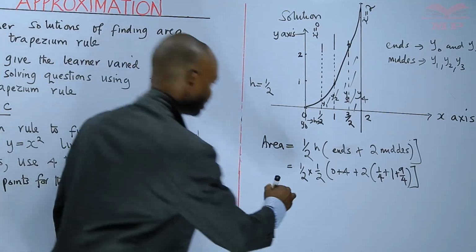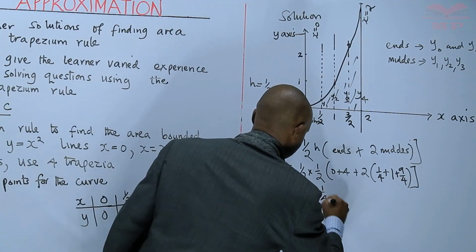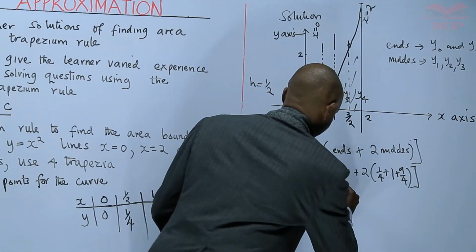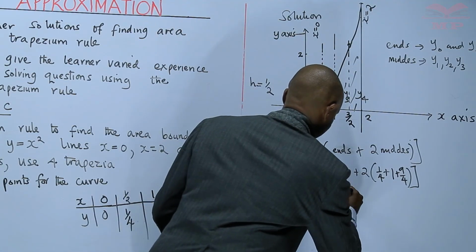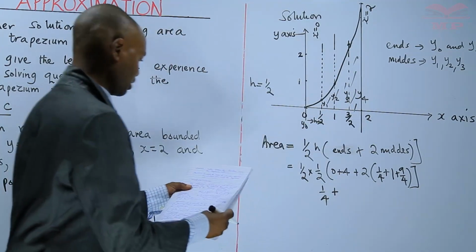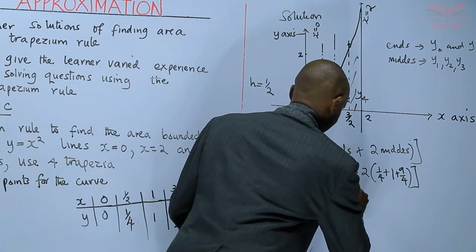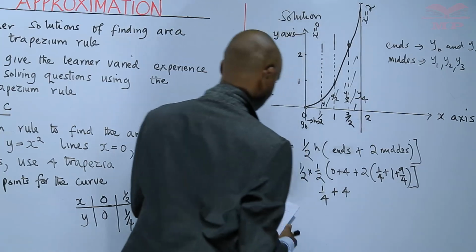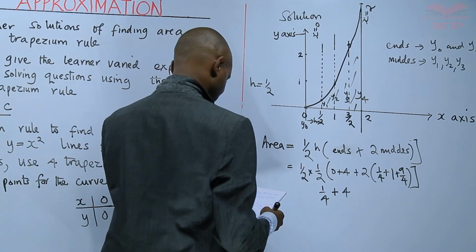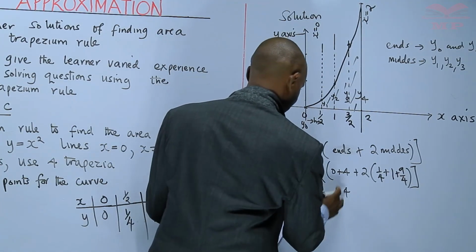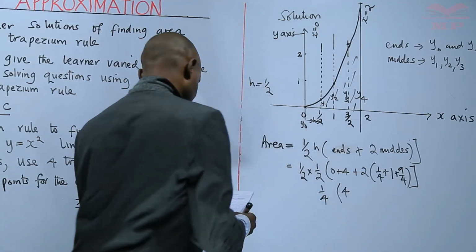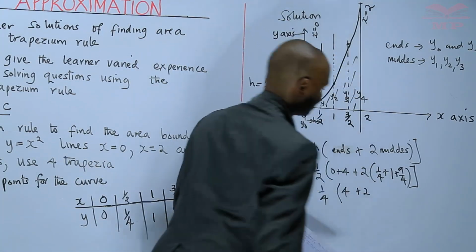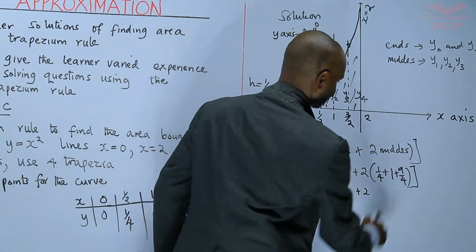Working outside, a half times a half is a quarter. A quarter into 4 plus twice. 1 is like 4 over 4.